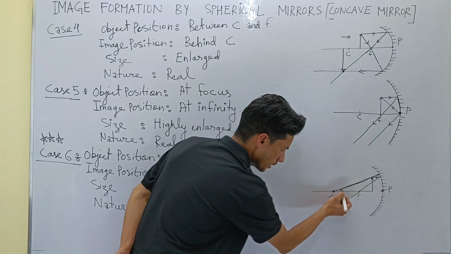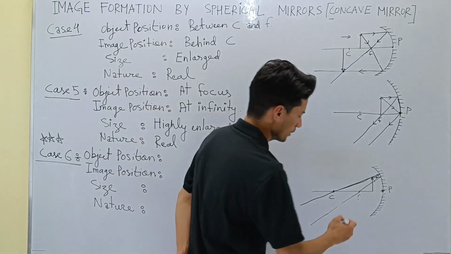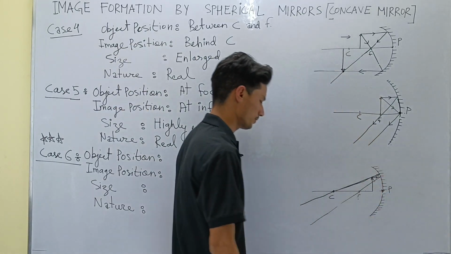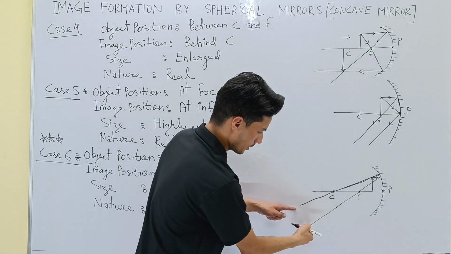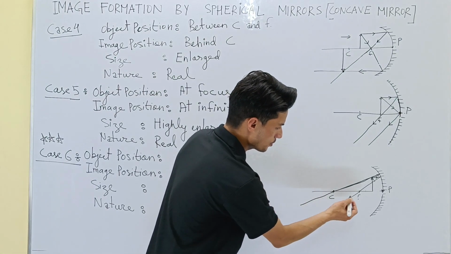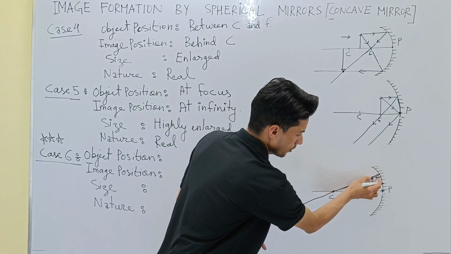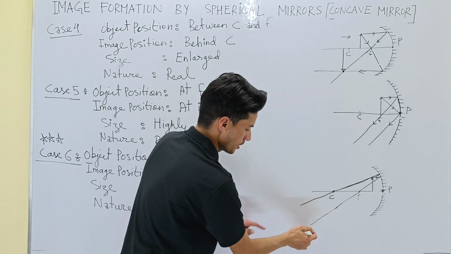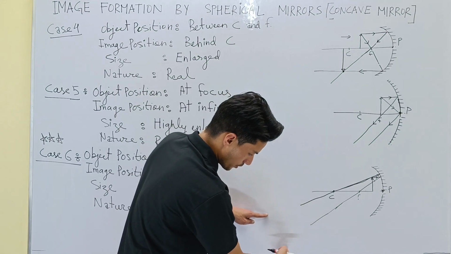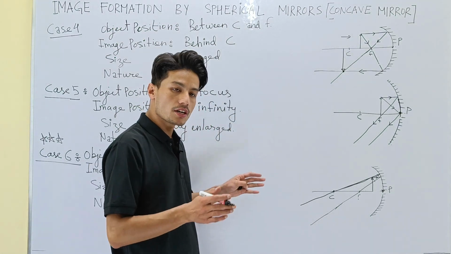Now look at the two reflected rays. See the distance between the reflected rays. Here it was very less, but as they continue the journey, they're getting bigger and bigger. The distance is increasing, and here it will increase more. They are drifting further away from each other.